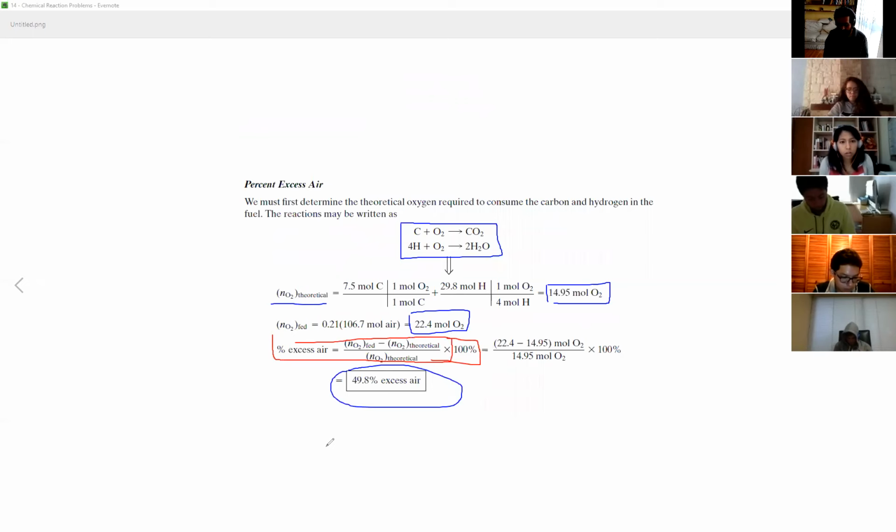That is a definition, right? With this subtraction, the fed oxygen minus the theoretical oxygen, you're finding how much oxygen you have more than the stoichiometric, right? And then if you divide it by the stoichiometric or the theoretical, you find how much excess it is, right? Okay.